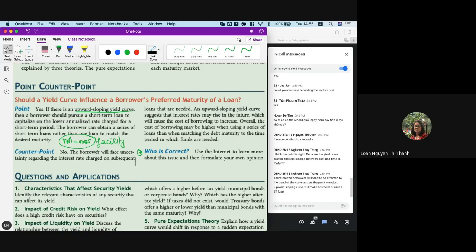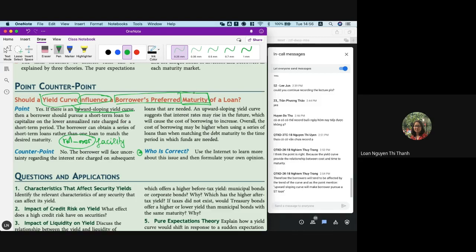Yield curve, upward sloping yield curve. Influence. So the yield curve influences, affects. The yield curve in this case is an upward sloping yield curve. The determinant here is the borrower's preferred maturity of a loan.